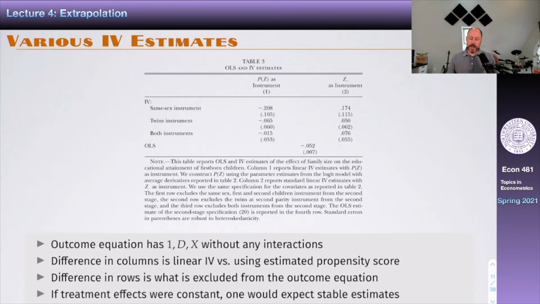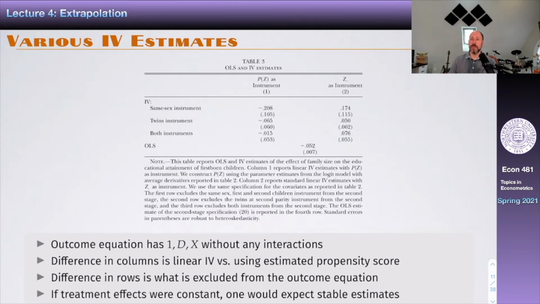Here, the first table just reports a bunch of IV estimators using different instruments, the propensity score, just the instruments, or both. Is there something I want to highlight here? I think the main point one can take is that if the instruments are valid and the effects are constant, then you would expect these estimates to be roughly the same.